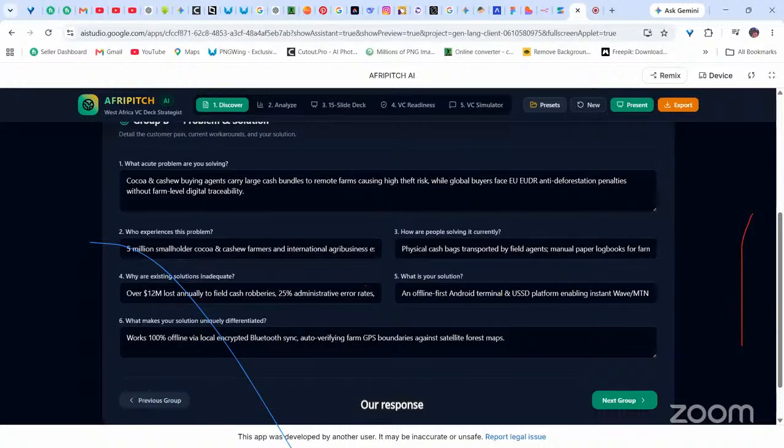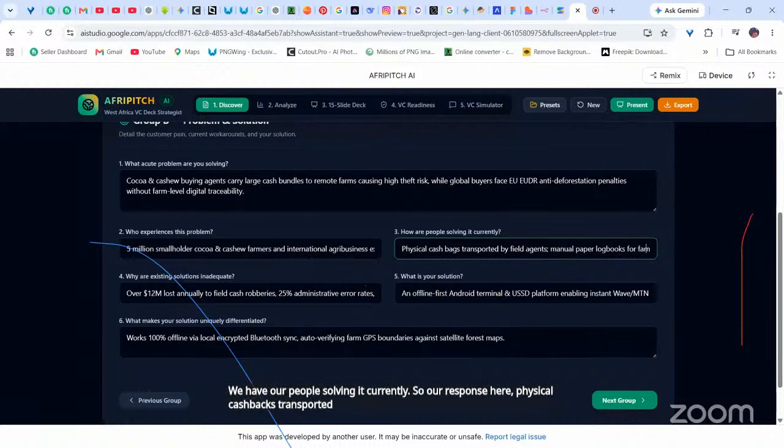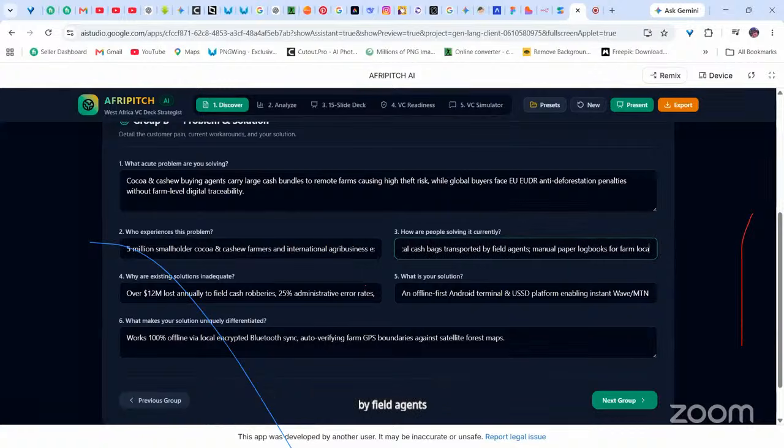Our response here is 5 million smallholder cocoa and cashew farmers and international agribusiness exporters in Francophone West Africa. The third question, how are people solving it currently? Physical cash bags transported by field agents, manual paper logbooks for farm location tracking.